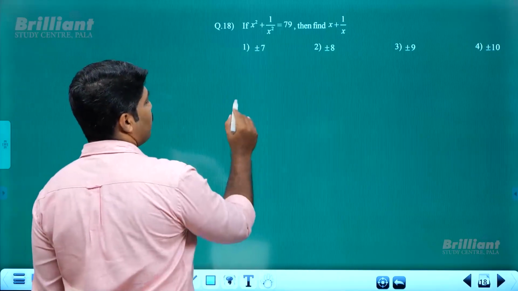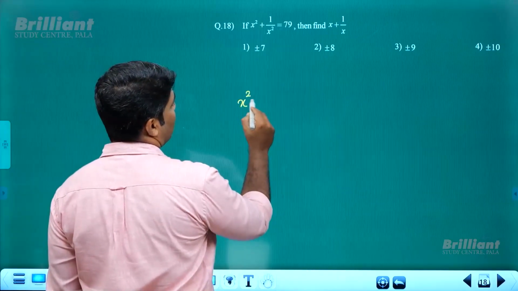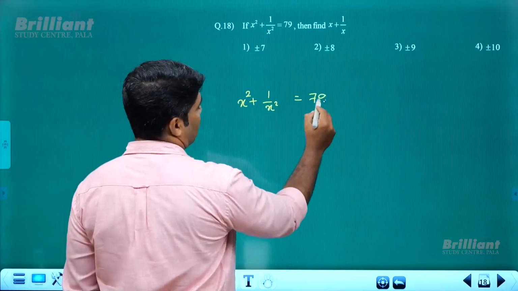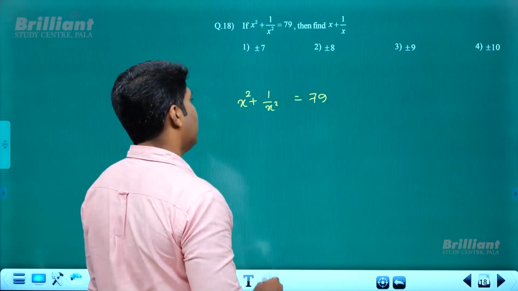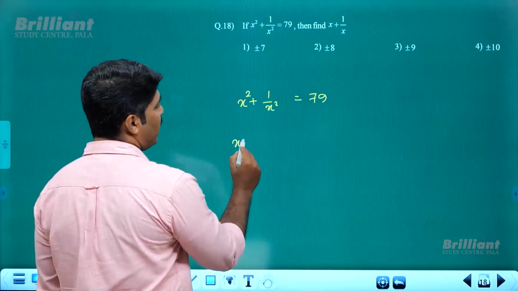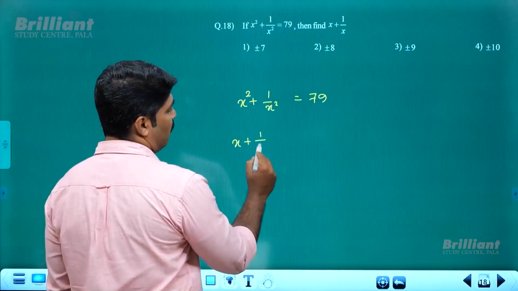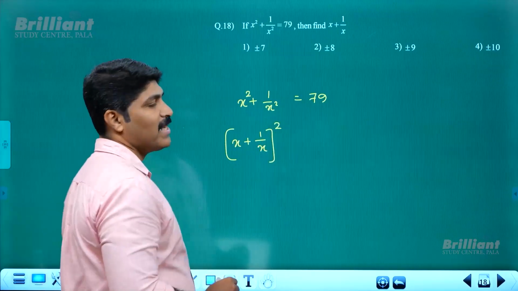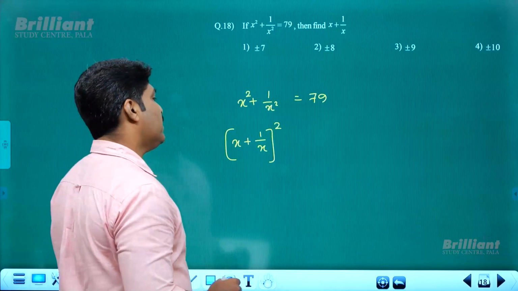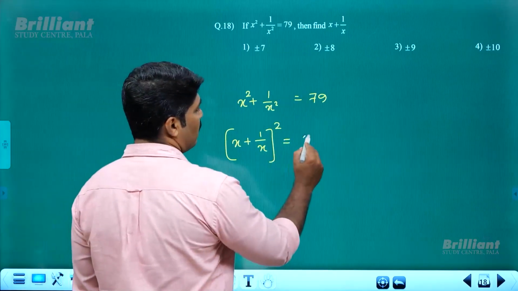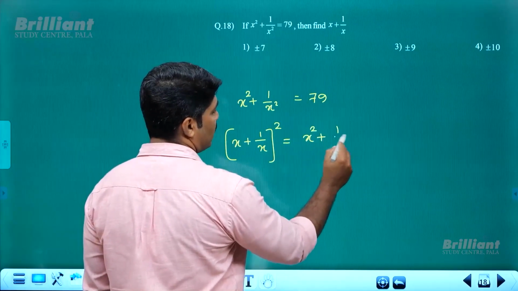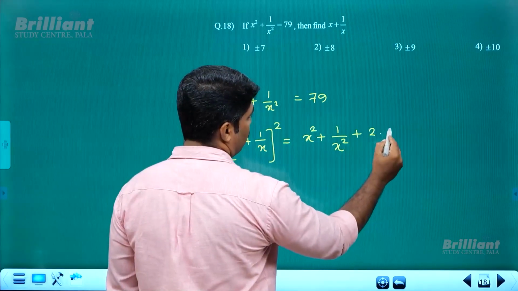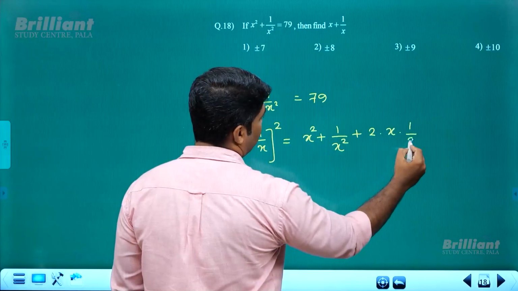Here x square plus 1 by x square is equal to 79. Good. We know that this x square plus 1 by x square we can derive from x plus 1 by x the whole square. What is x plus 1 by x the whole square? That is x square plus 1 by x square plus 2 times x into 1 by x.